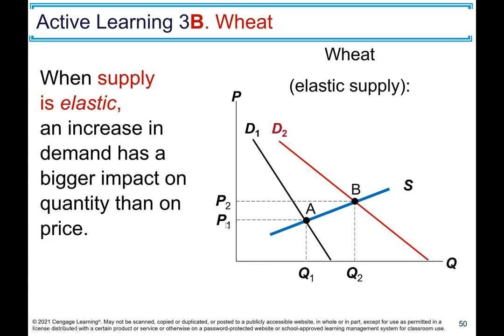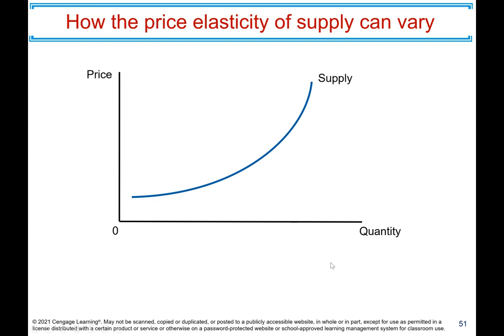As you can see, a small change in price from P1 to P2 has a larger change in quantity proportionally from Q1 to Q2. How the price elasticity of supply can vary.